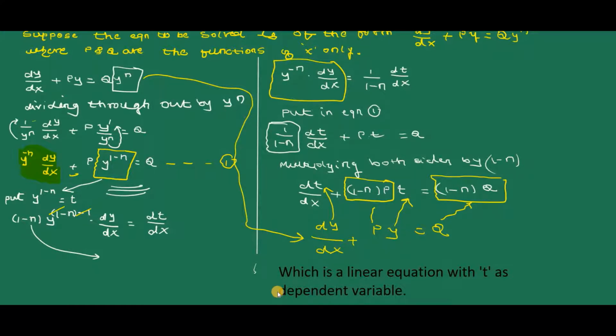In equation number 1, if you take the coefficient of p as t, then after differentiating you will get the first term. You will get the first term in each and every example, and then it will be converted into the form of a linear equation, and then you can find the integrating factor and find the solution. Now let us see the examples.